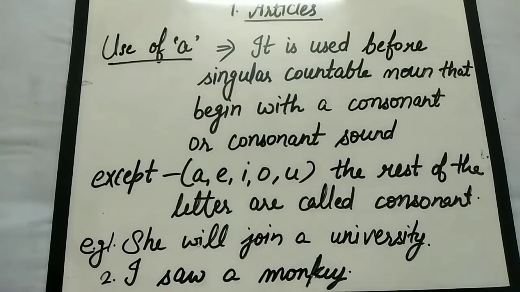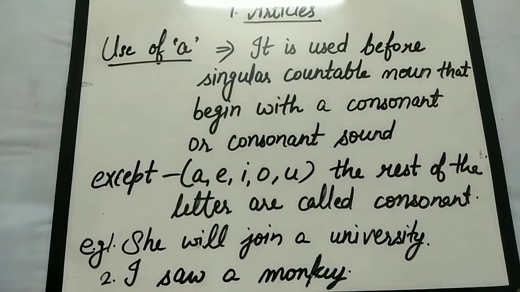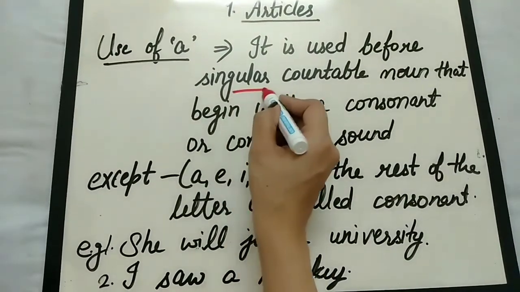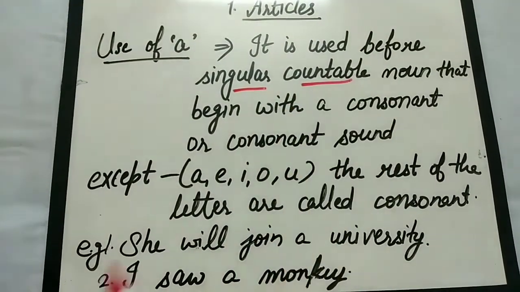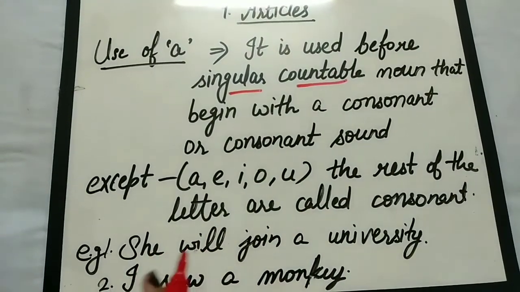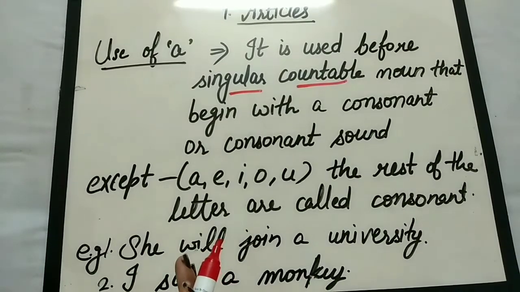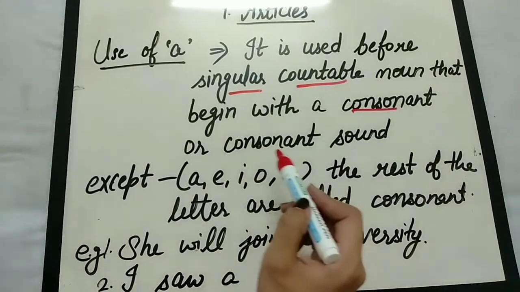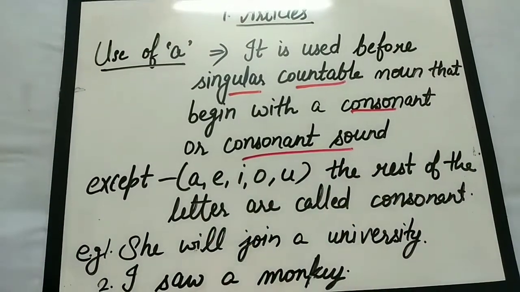Now we will understand the use of a. It is used before a singular countable noun, meaning the noun should be singular and it should be countable. It is used before a singular countable noun that begins with a consonant or consonant sound.